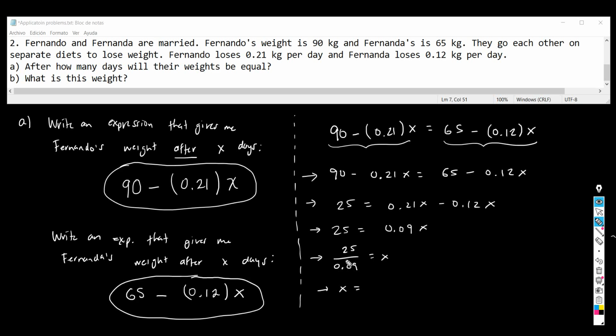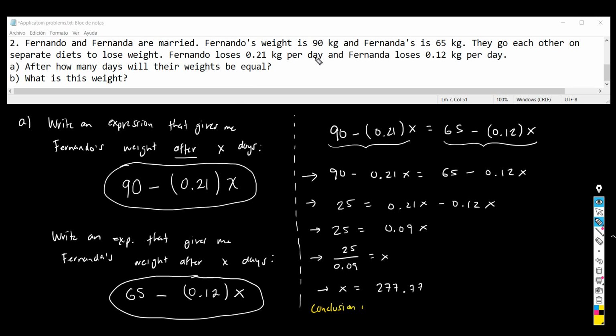Let's perform it in the calculator. Wow, that's a lot of days. 277 days. Okay, maybe I exaggerated my numbers over here. So the conclusion is, I think this is going to be a very unrealistic problem.